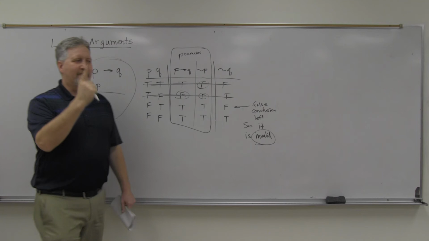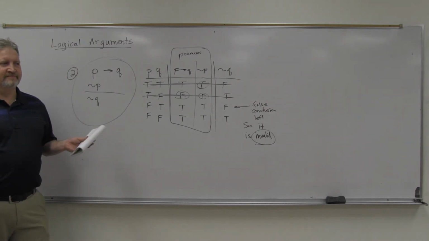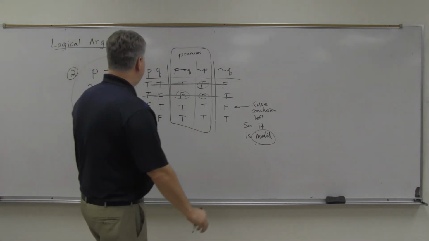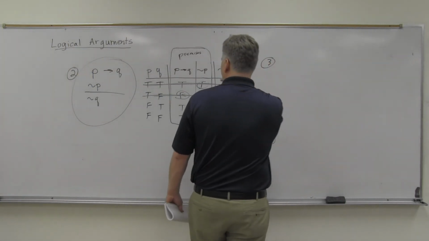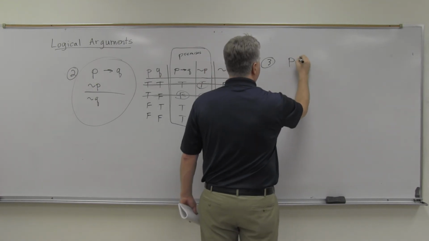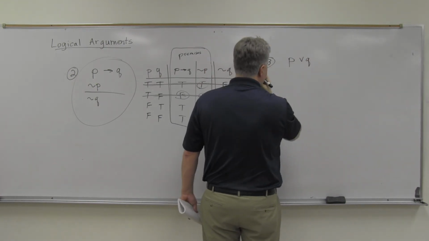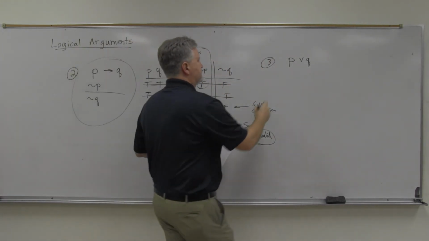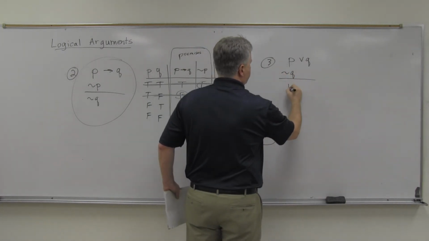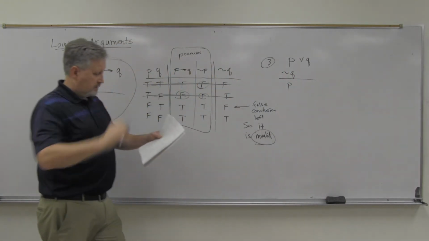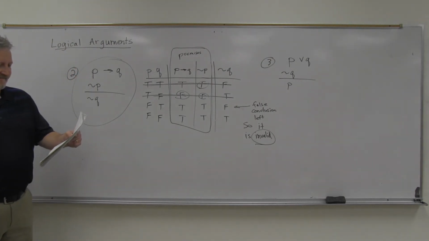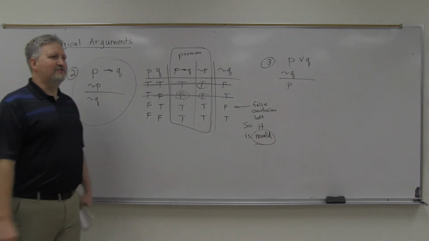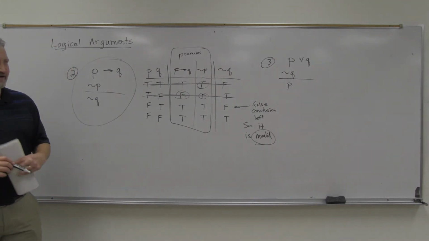Let's do one more, and then we'll talk about a nicer way of doing this. All right, so this one's going to be a little different. It's P or Q, not Q, therefore P. All right, so let's use a truth table to determine the validity of this argument.